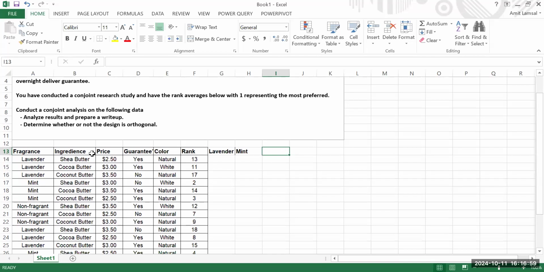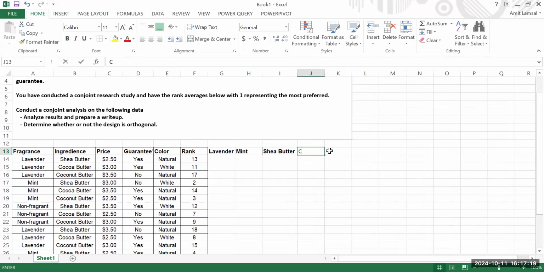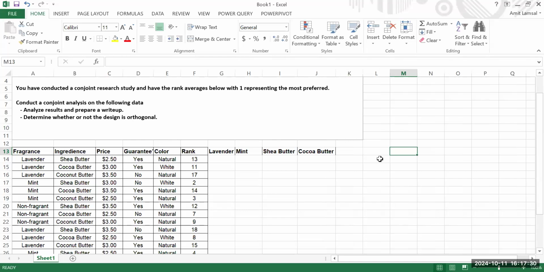Likewise, in the ingredients there are three factors: shea butter, cocoa butter, and coconut butter. Here also I would like to choose only two of them, so that it will be easier for us to understand how this works. So here I will write shea butter, cocoa butter. And we are not putting coconut butter in it, because we want to know how this works without the other.